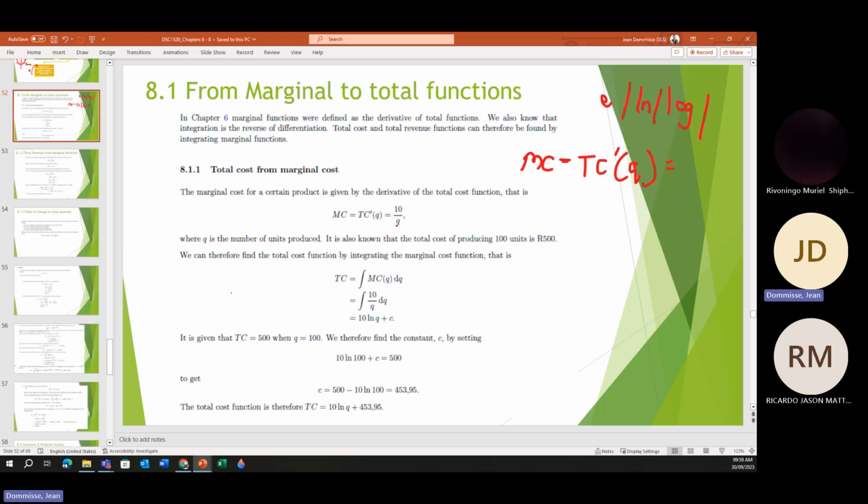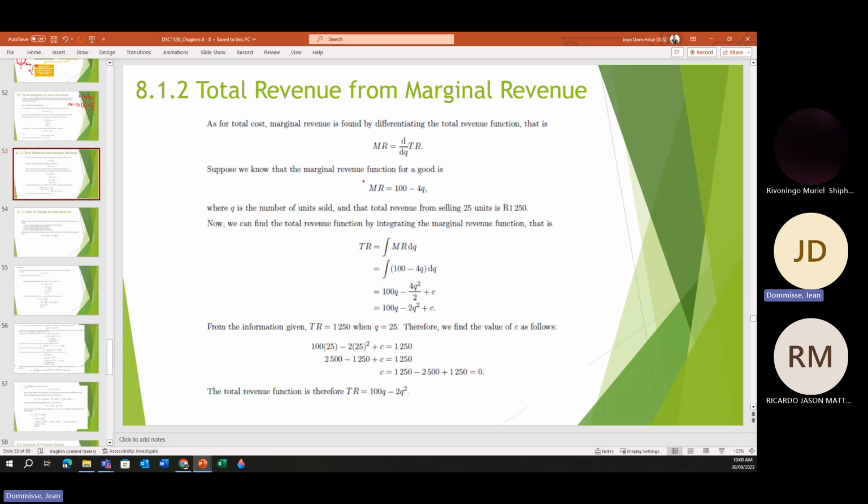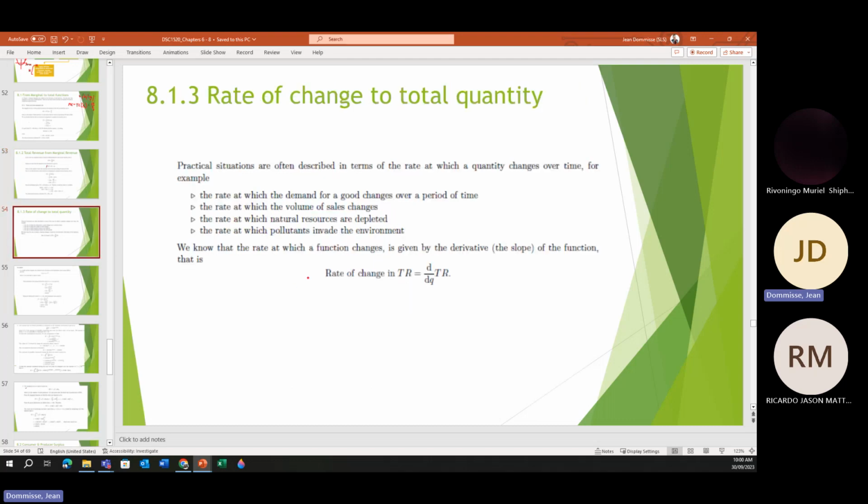Again, they need to give us at least some form of the formula. They can't just tell us you need to work it out. So normally you will see here that was the formula that we needed to work with.